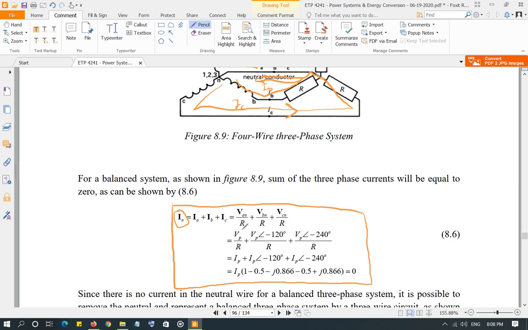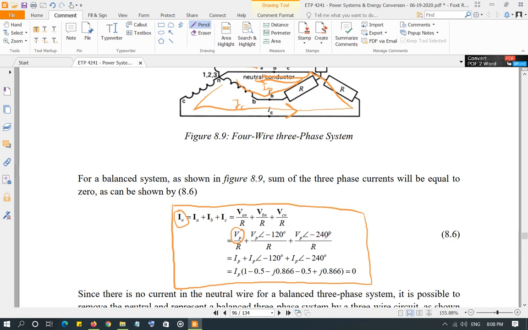For VAN we take V peak, VBN is V peak at angle negative 120 degrees. Again, this is phasor domain. We are dealing with AC voltage and AC current, so we are not discussing the time domain, we are discussing the phasor domain. Of course, we can always go from phasor domain to time domain. Our frequency is pretty much standard, 60 hertz or 50 hertz. And then VCN is V peak at angle negative 240 or positive 120.